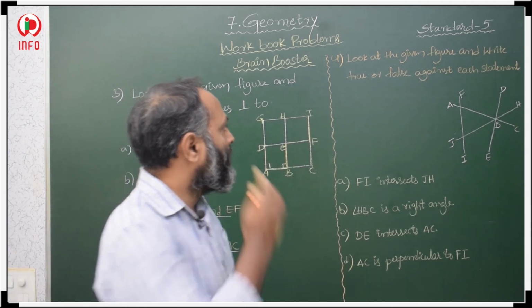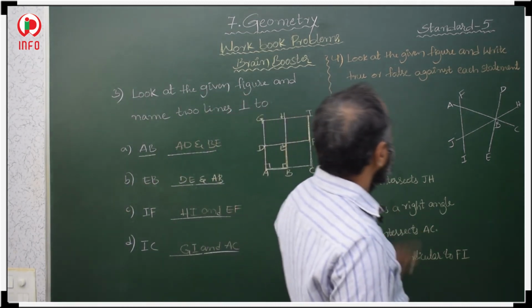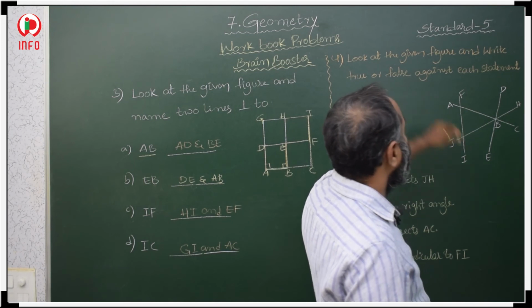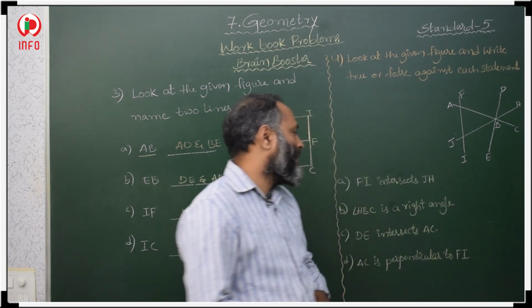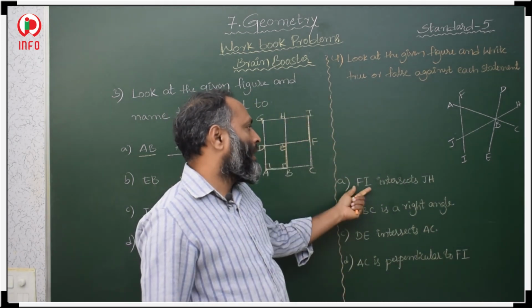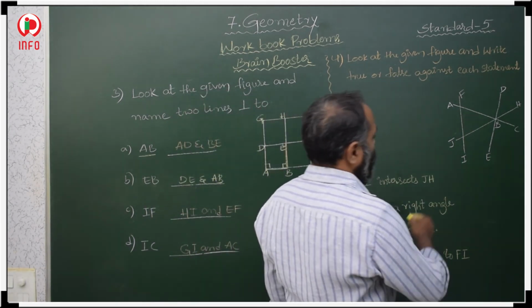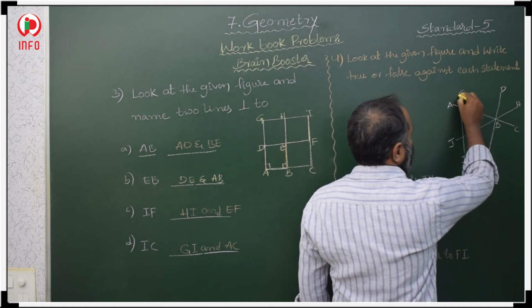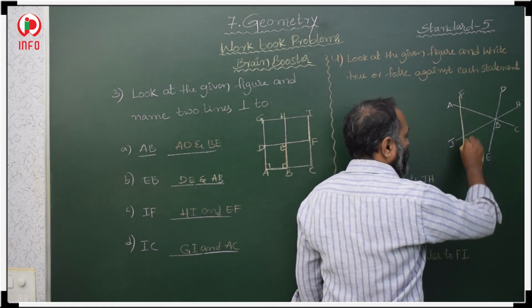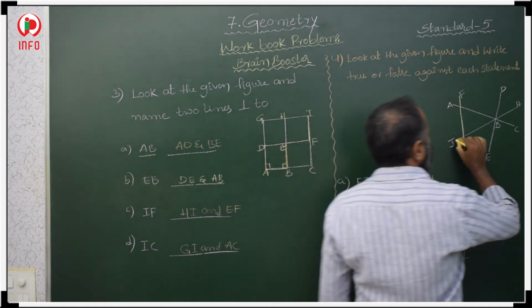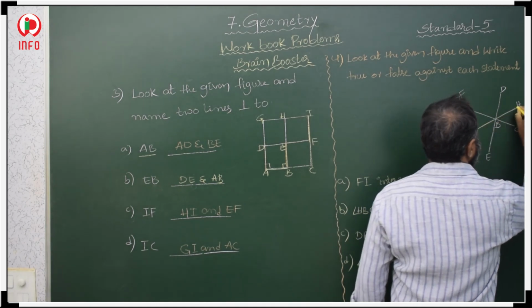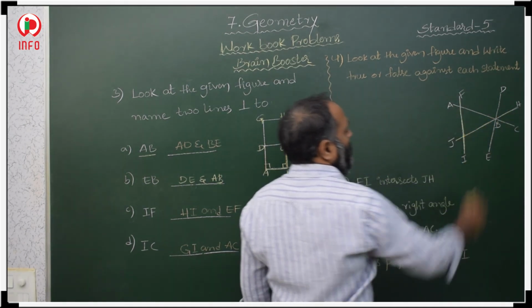Then here, look at the given figure and write true or false. First one, FI intersects JH. First, where is FI? This is FI. FI intersects JH. These two intersect here.